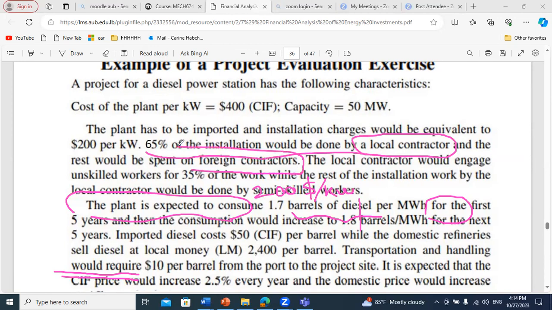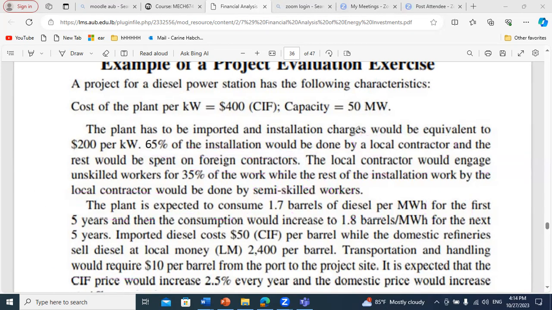Because for the foreign contractor, we'll have the same value, in dollars paid. So there is no reduction to take into consideration. However, for the local contractor, we should use the reduction rate that is given at the end maybe of the problem. So this is why we should read the whole given before we start to answer.